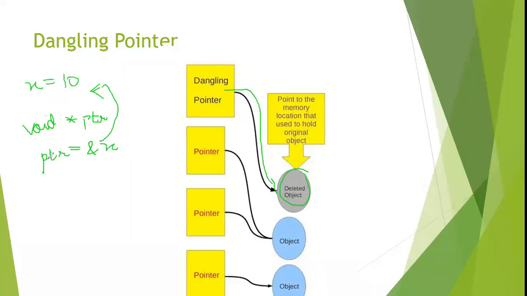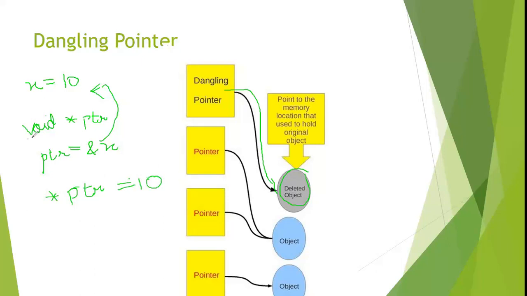Then I say ptr equals &x. So the pointer is pointing to 10, right? Now, whenever I have to print the value of the pointer, what do I assume it should give me? It should give me value 10, right? Normally it happens that way.